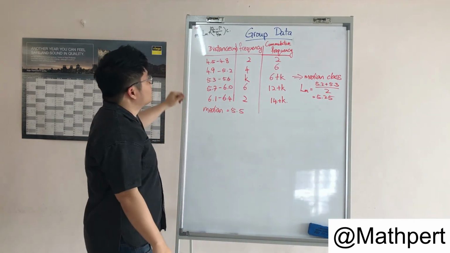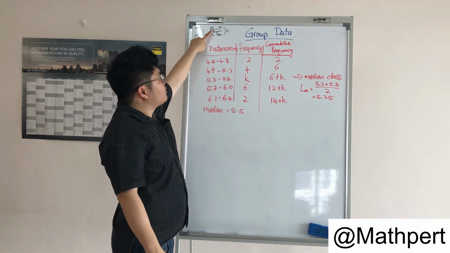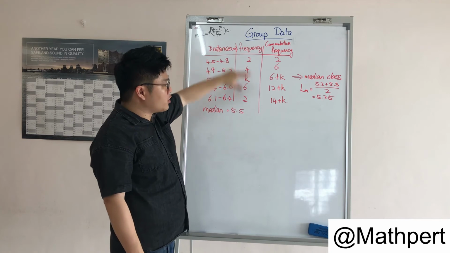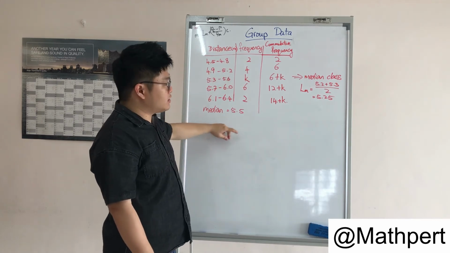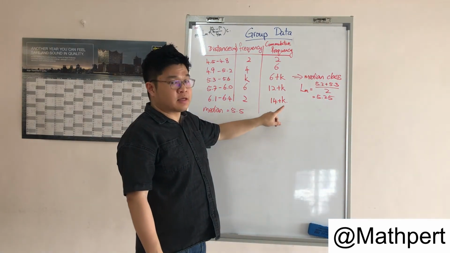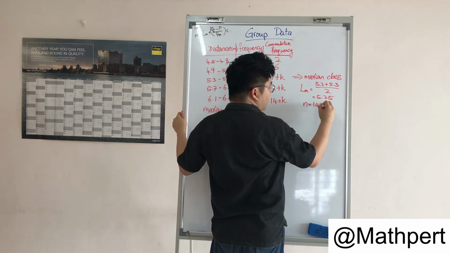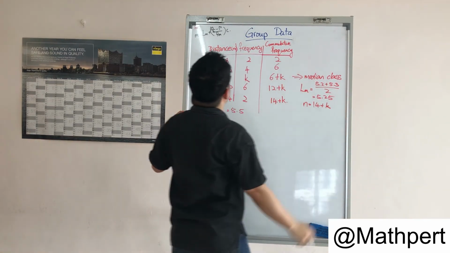Right? So N is the summation of all this frequency. In this case is 14 plus K. So N equals to 14 plus K.